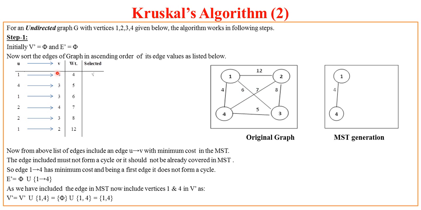So we'll first sort the set of all the edges of graph G in ascending order of its weight, and we'll choose the first minimum one. Now being the first weight, it can directly be included as it satisfies both the conditions: it doesn't form any cycle, and moreover both the vertices are not yet included, not yet covered.